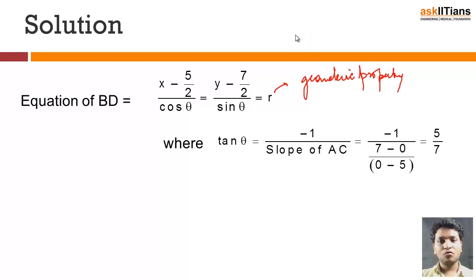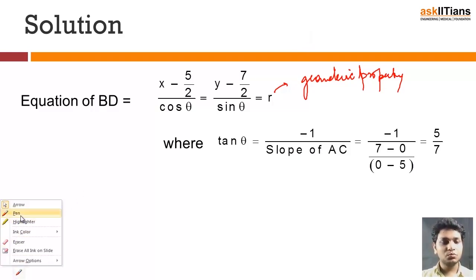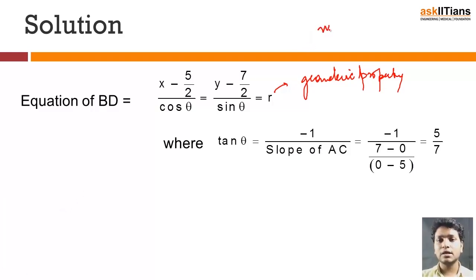And how have we reached this point? As we know, if two lines are perpendicular, the product of slopes will be minus 1. So the slope of the other diagonal will be equal to minus 1 by the slope of the first, because we know that diagonals of a square are perpendicular to each other.